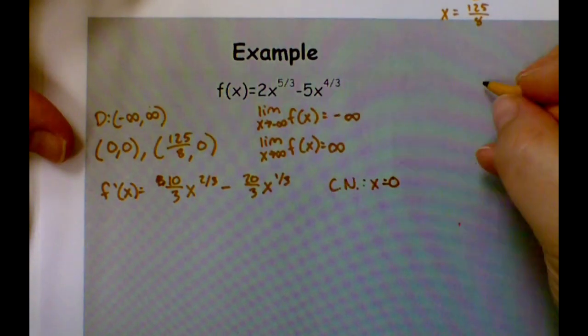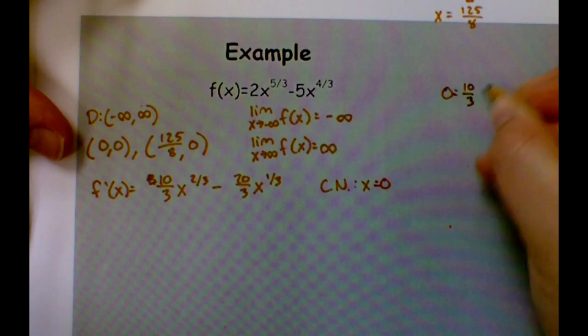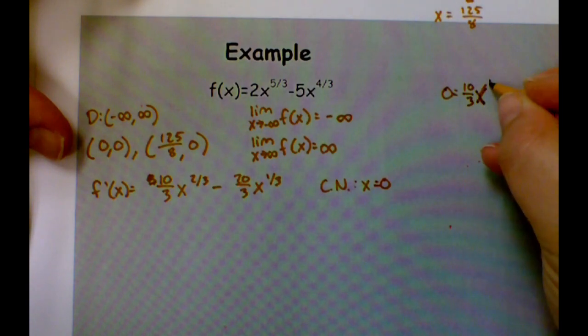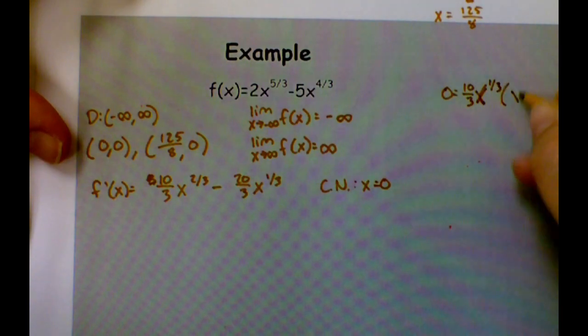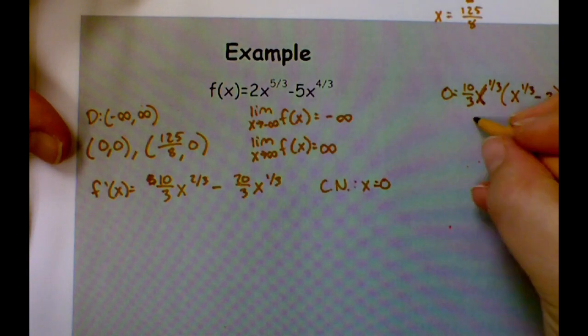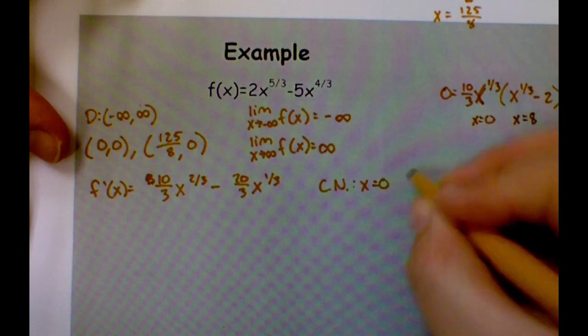And maybe a little scratch work over here to figure out the other one. Let's see, if I factor out a 10/3 x to the 1/3 power, that leaves me x to the 1/3 power minus 2. So that gives me the x equals 0. And this one will give me x equals 8.